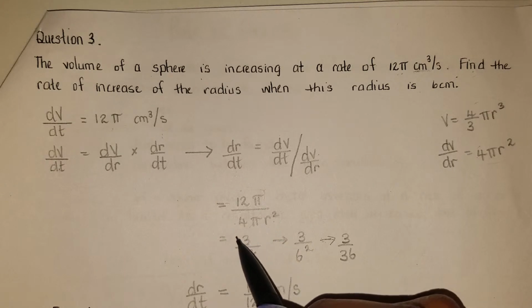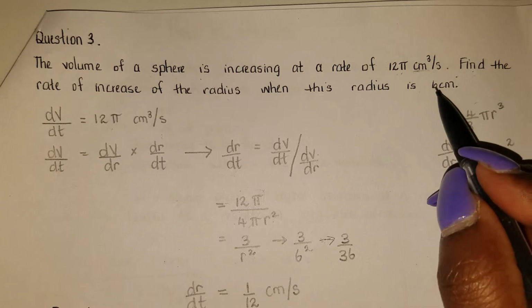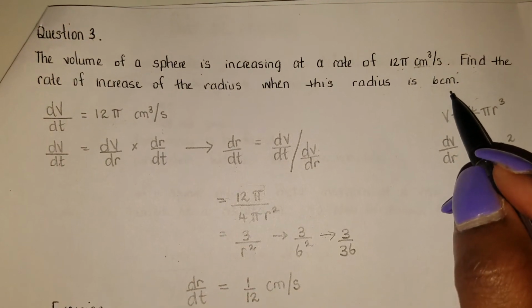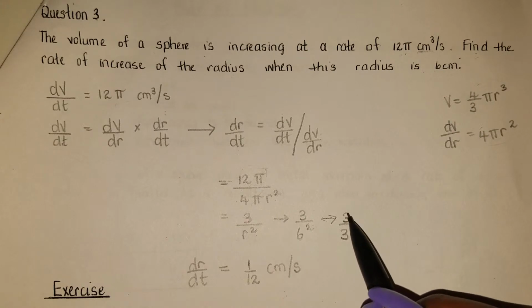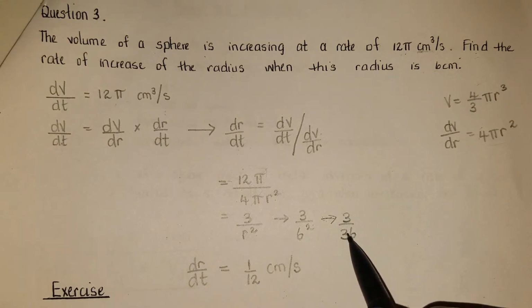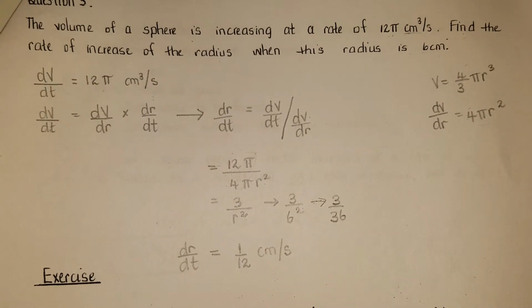So we now have 3 over r squared left. And the value of r was given as 6. So when we substitute the value of r, 6 squared is 36, and 3 over 36 simplified is 1 over 12 centimeters per second.